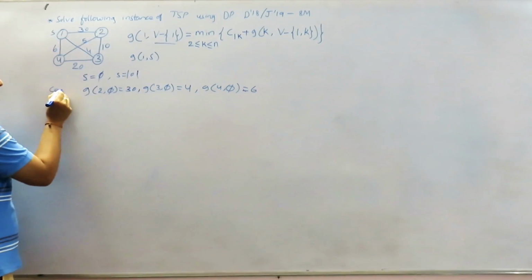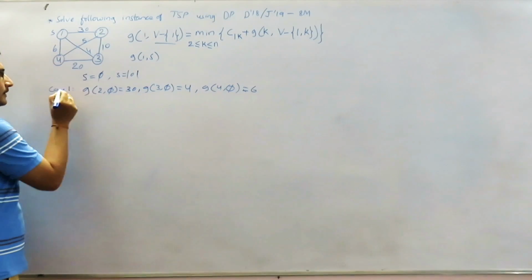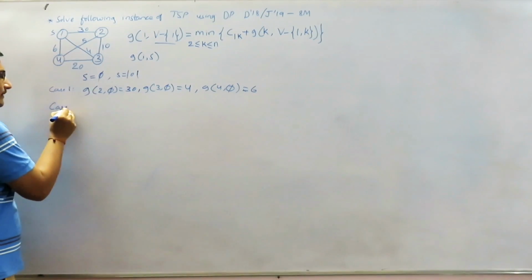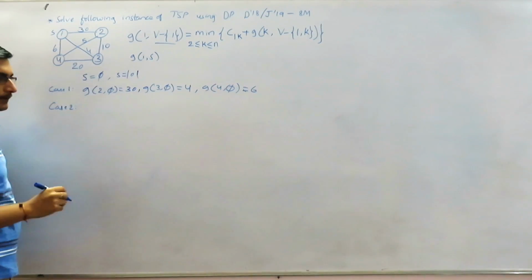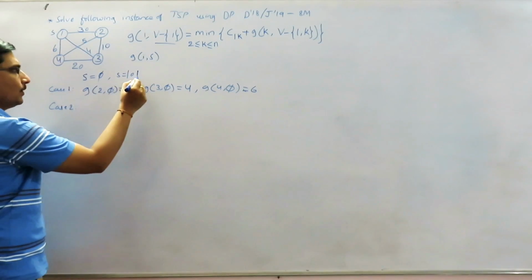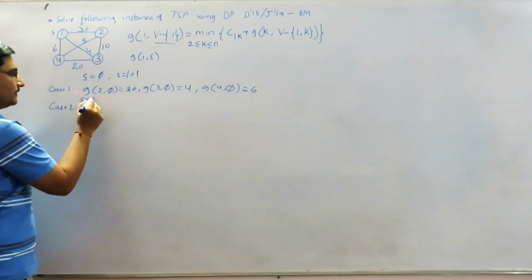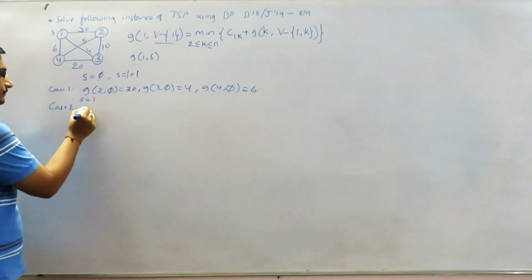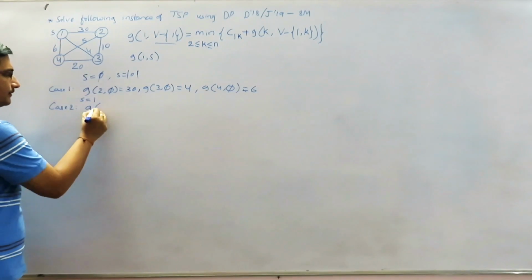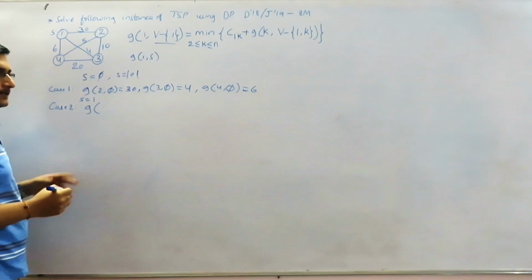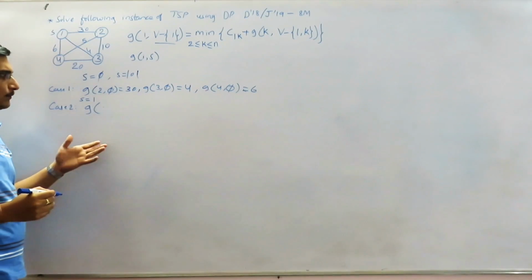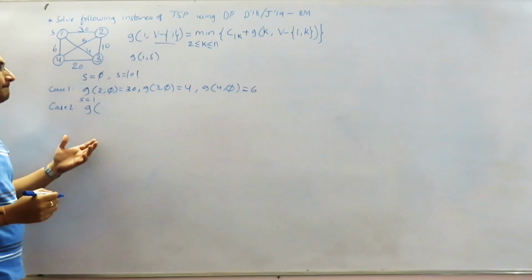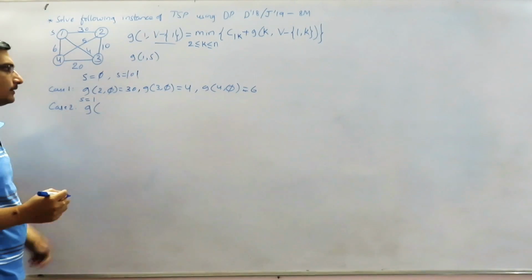This is case 1. In case 2, we will expand this vertex set S to 1. The number of vertices will be 1. So in this case, we should not consider the vertex 1, since vertex 1 is already there. So 2 to other, 3 to other, and 4 to other.